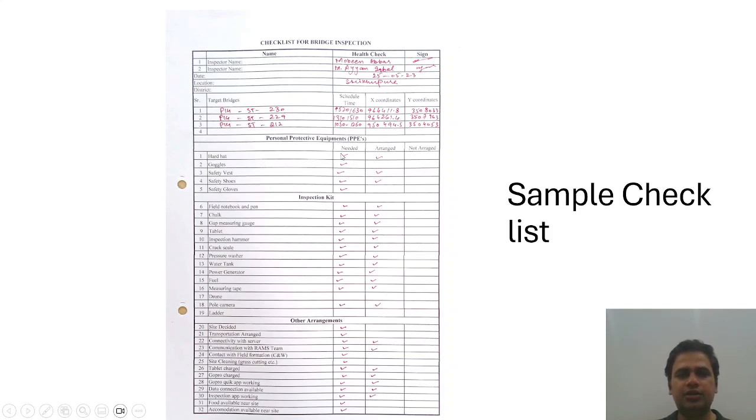Then there is personal protective equipment (PPE), hard hat, goggles: needed, arranged, not arranged. Similarly, inspection kit and other arrangements. So this type of checklist will help the inspector before moving to the site in ensuring that he has all the relevant equipment available and he is ready for the inspection.